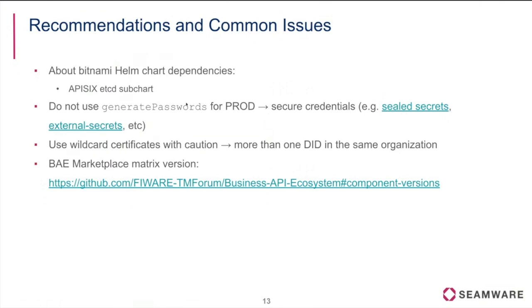Use wildcard certificates with caution. Basically, if you have more than one organization or DID and only one wildcard certificate for all of them, it's not going to identify clearly which organization is which. Also, related to the marketplace that you will see tomorrow, this affects the deployment.